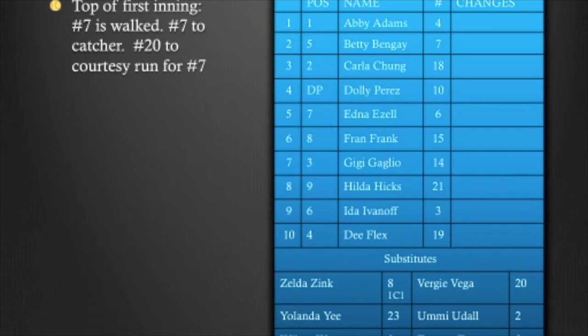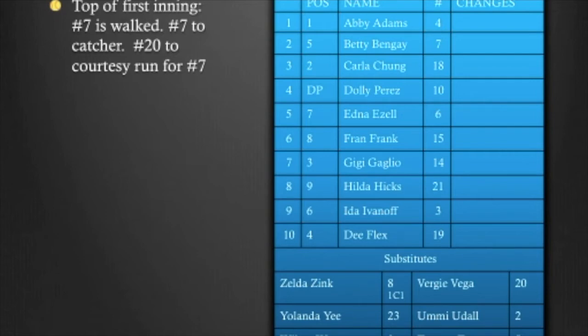Their answer for this group was they're not allowing me to do that because number 7 was not listed as a catcher. Is that correct? You tell me I can't get a courtesy runner?